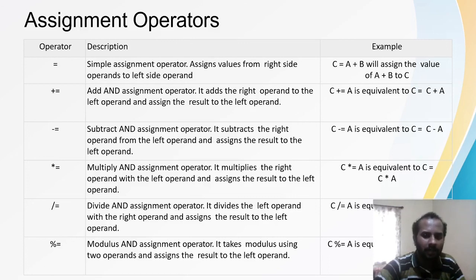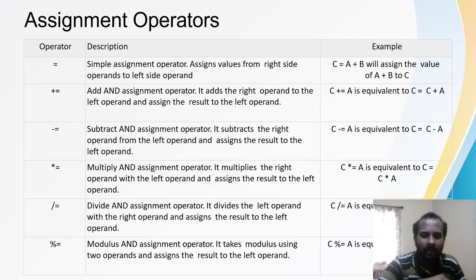The meaning of this statement is C is equal to C plus A. Instead of writing C is equal to C plus A, I am just going to write C plus is equal to A. When it comes to the computer, it will first expand it to C is equal to C plus A. So C plus A will be solved first, then the value of C plus A is assigned to C.